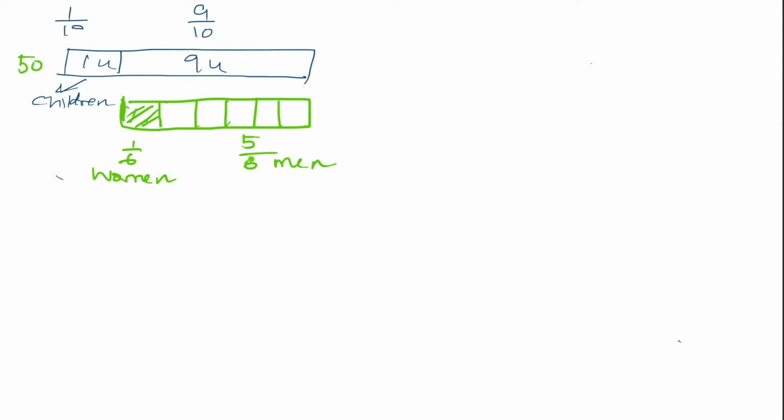Men is actually 5/6 of this 9 units, which is 5/6 times 9 over 10, because it's from this 9 units, so you must times back. So 3, 2, so 15 over 20. 15 over 20 are actually men.